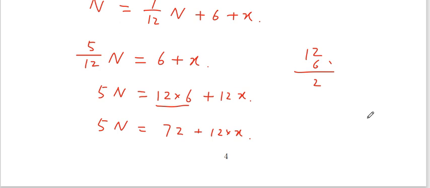Let's check x. x equals 1, no. x equals 2, no, because 72 plus 24 is not a multiple of 5. And 3 does not work. 4 works, right? 72 plus 48. So we find x equals 4.